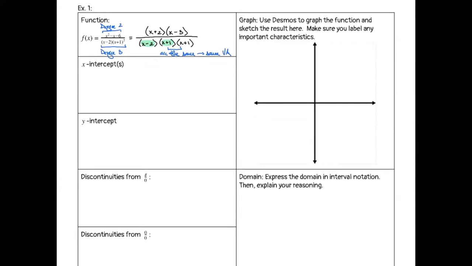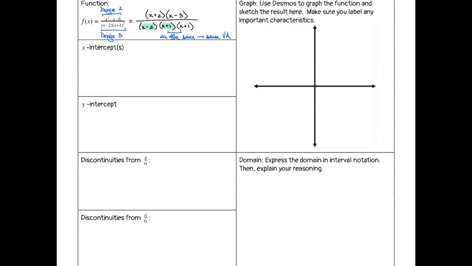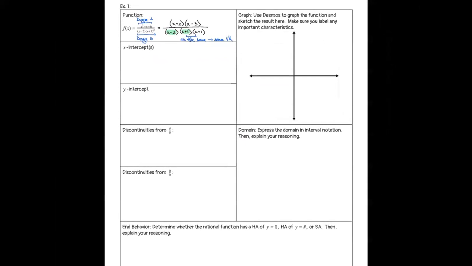Writing down something can be the way to and through accessing the rest of the question, right? And so we've talked about a lot of these concepts. Let's think about where we want to put them. Degree 2, degree 3, that's going to tell me about end behavior. So let me go down here and answer that question.